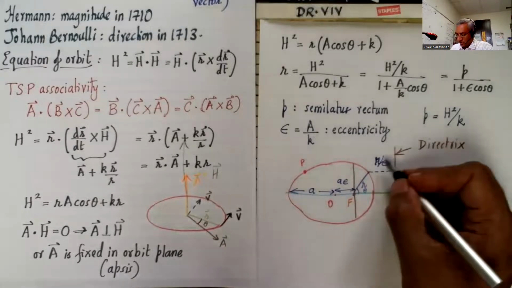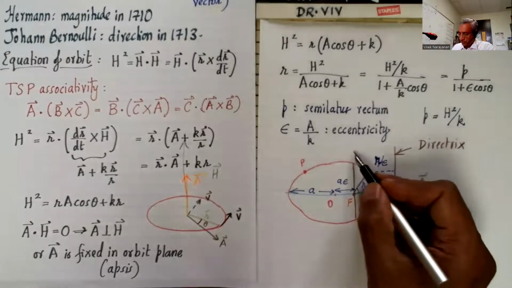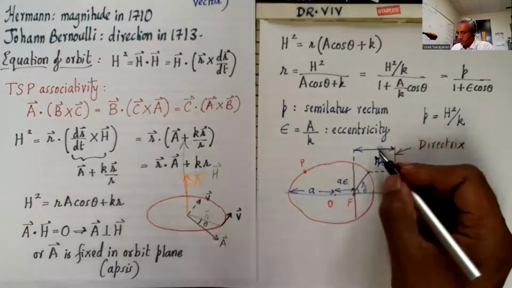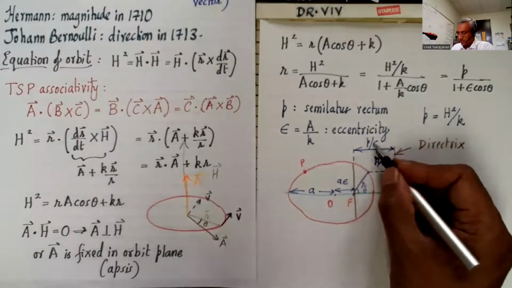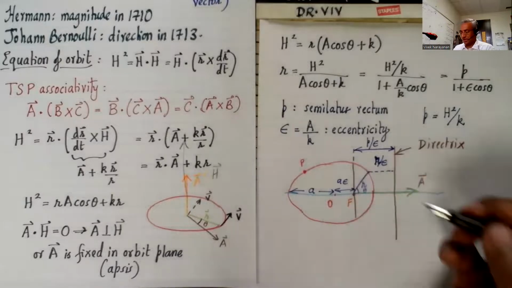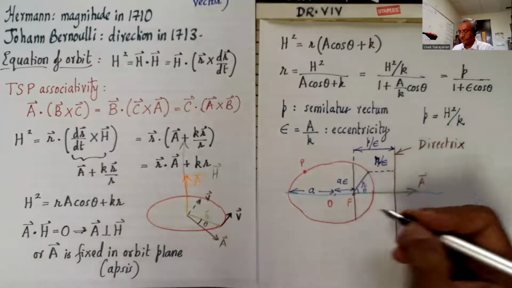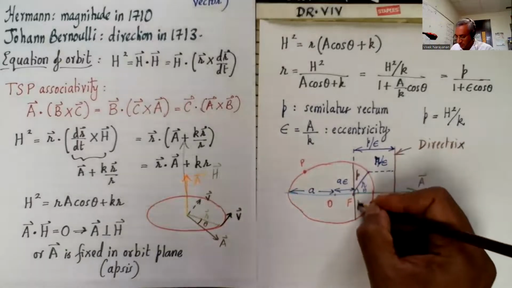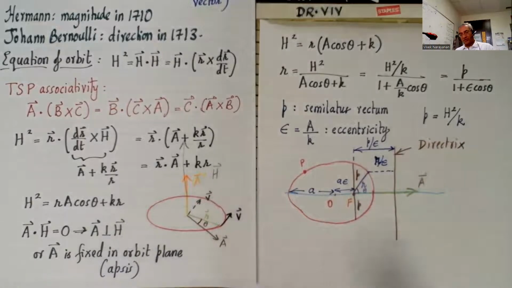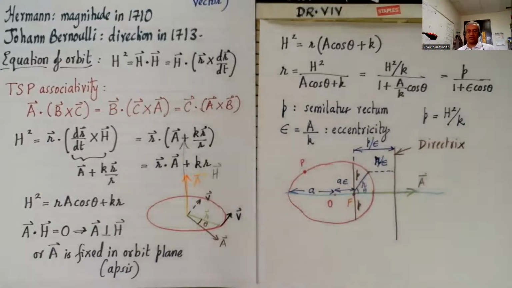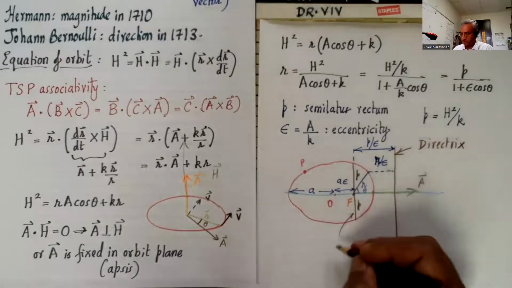I should have said R over epsilon, not P over epsilon. This line is known as the latus rectum, and that's why the quantity P is known as the semi-latus rectum, because P is this amount from the focus on either side you go, where it hits the ellipse. So this entire line is known as the latus rectum.